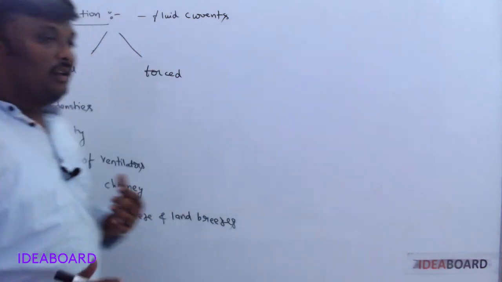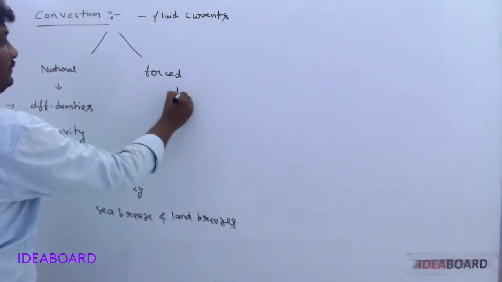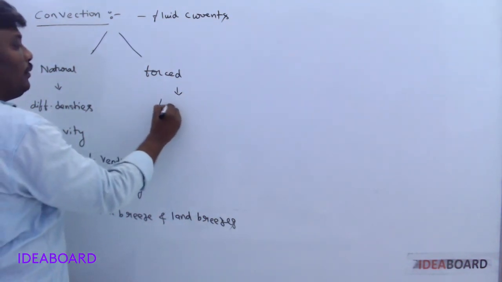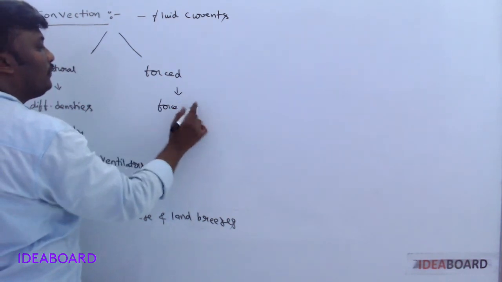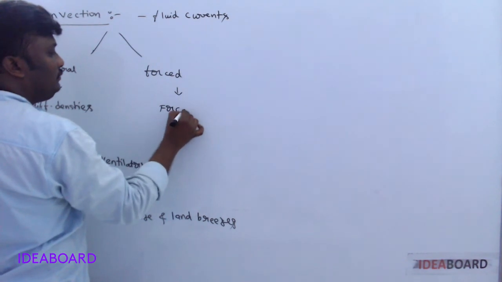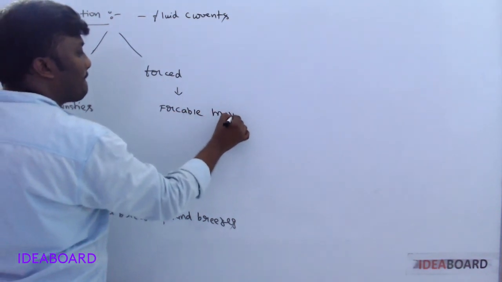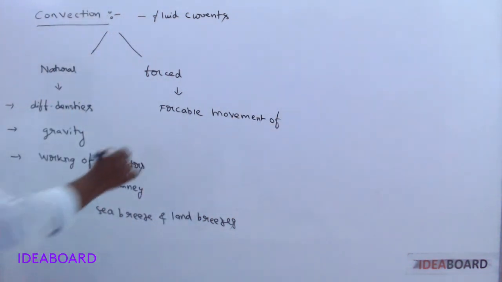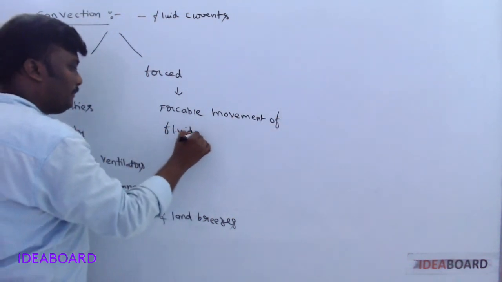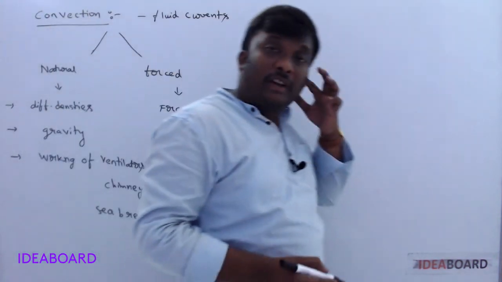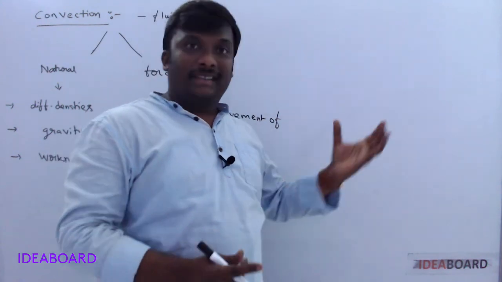Now forced convection. In forced convection, heat is transferred by forcible movement of fluid particles. For example, we use ACs.